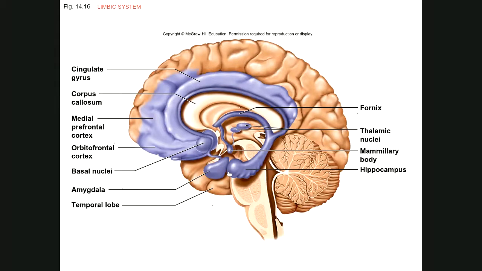Now, the limbic system is involved with memory, but just simply memory? No. What the limbic system does is that it links memory with learning and with emotions. Okay, so now that gives you the full picture of the limbic system.